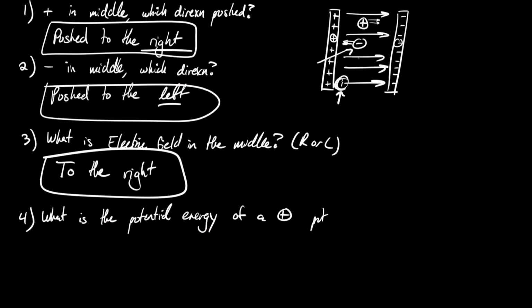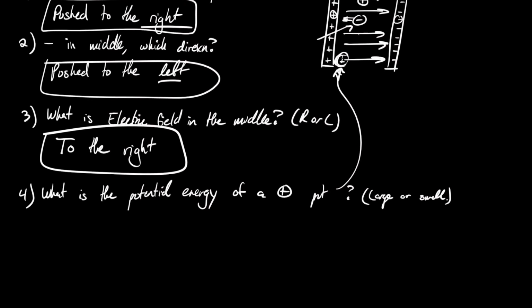Is it large or small? Positive. So again, that means does it hate being there or like being there? Well, it's stuffed really close to positive charges, so it doesn't like being there because the positive charges are trying to push it away. So it's a pretty large number there.